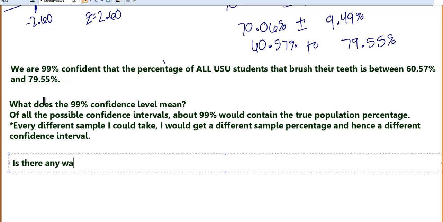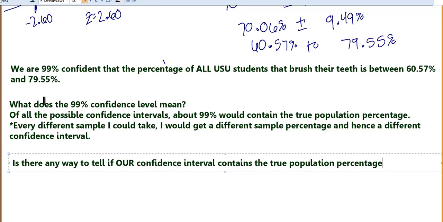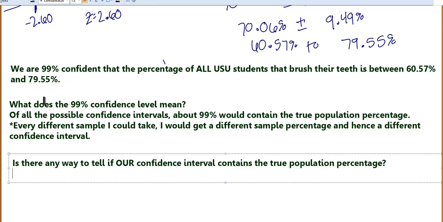Is there any way to tell if our confidence interval contains the true population percentage? So Amanda shakes her head, no. So we know that 99% of all the possible confidence intervals contain the true population percentage.